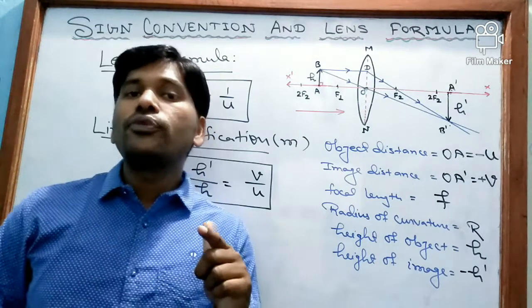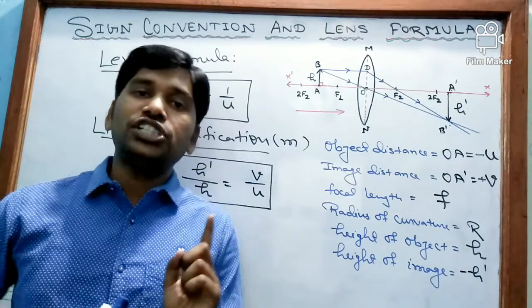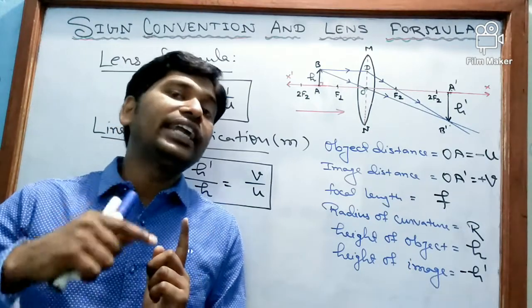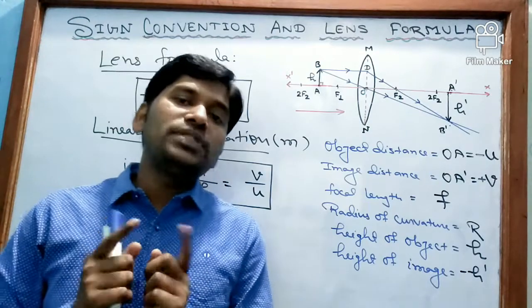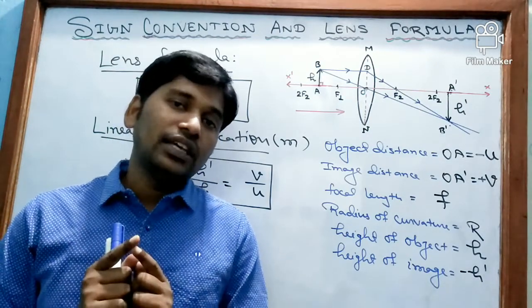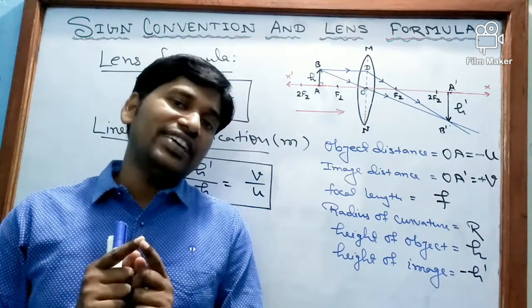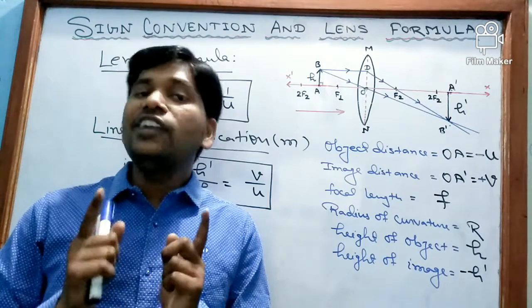In case of convex, if the magnification is positive, then it will be greater than 1. As we know, when the object is placed between focus and optical center, the image formed by a convex lens is highly magnified and virtual.